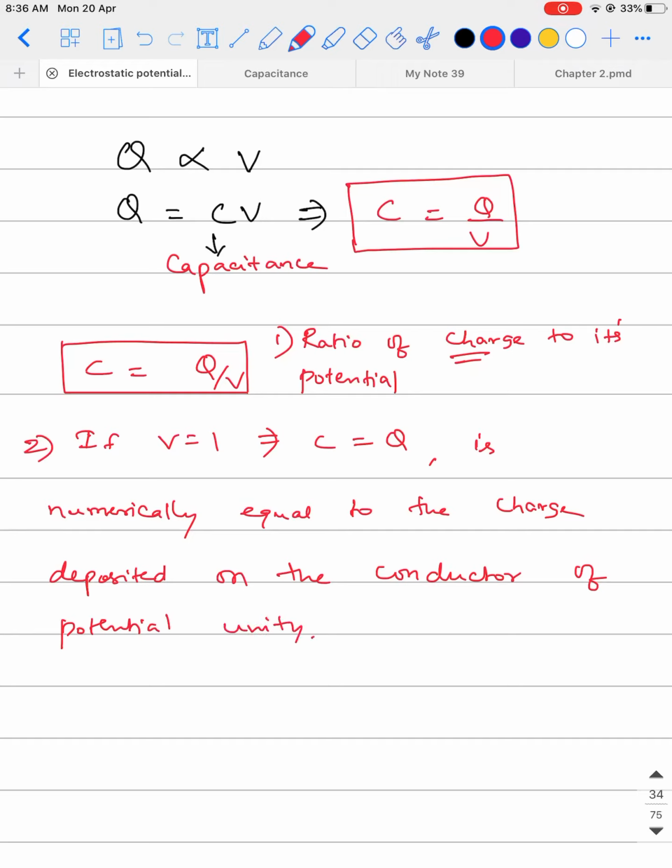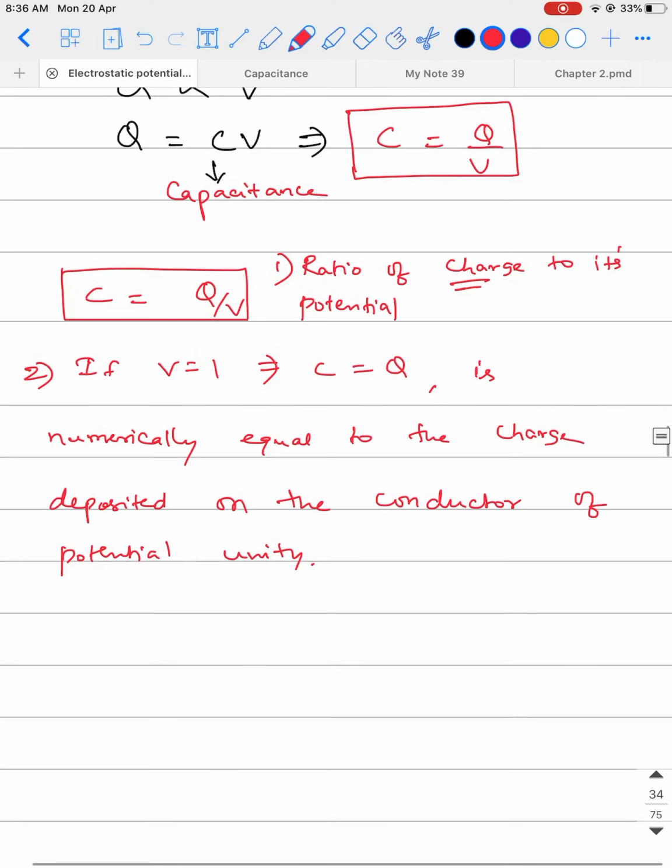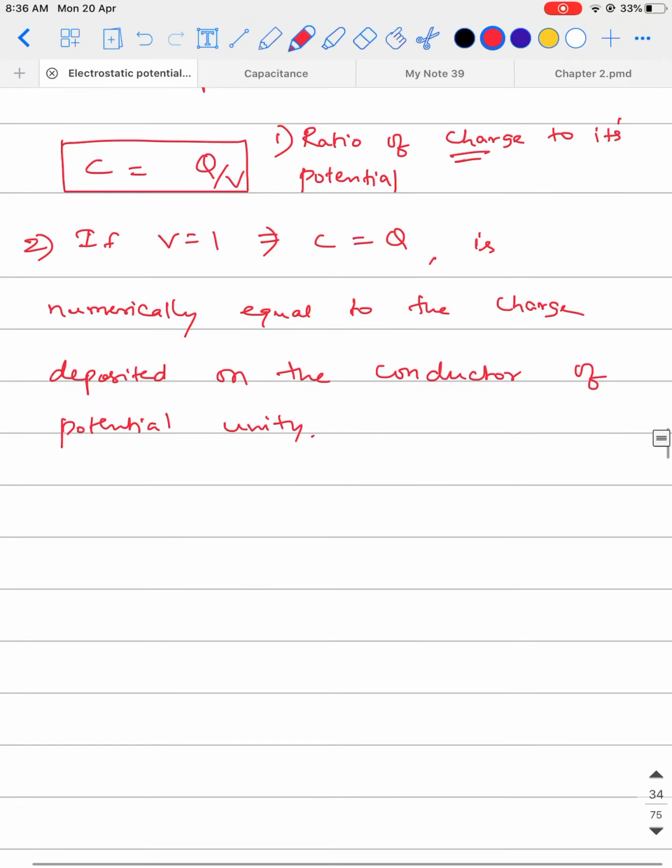So these are the different ways in which we can define it. In the previous topic we defined capacitance as the capacity of a conductor to hold charge. Now we are seeing the technical definition in terms of physical quantities. You can write it as the ratio of charge to its potential, or, if V is equal to 1 volt, then C is numerically equal to the charge deposited on the conductor of potential unity.